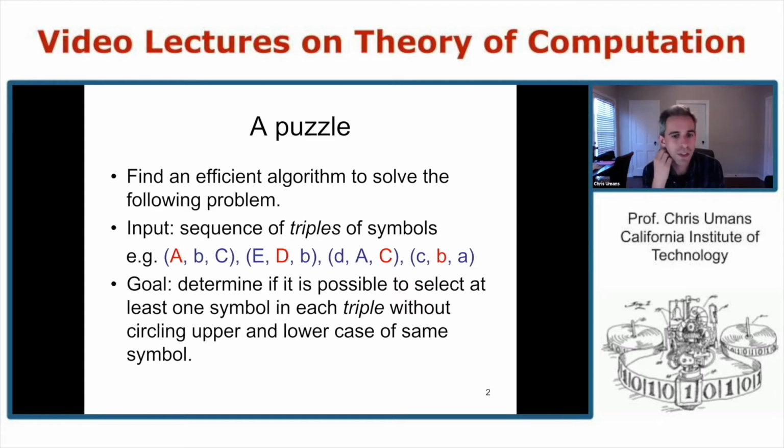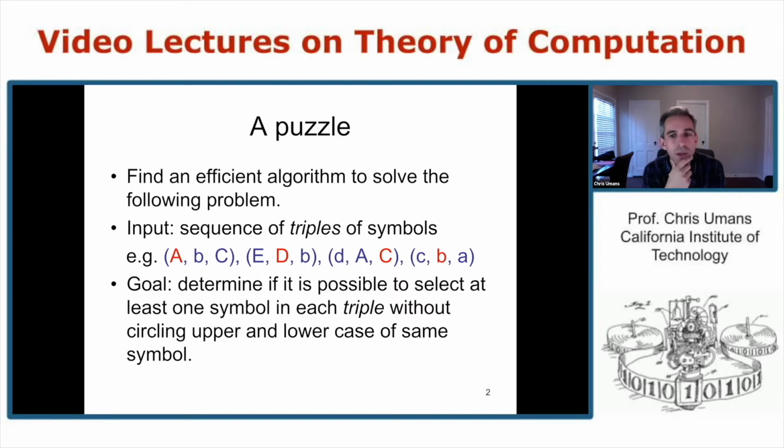There's no way to do this, right? Because you're forced to choose both an uppercase and a lowercase a. Okay, so the challenge is, given a sequence of triples like that, find an algorithm to identify which type this is. Either it's possible to circle one symbol in each triple without uppercase and lowercase, or it's not.